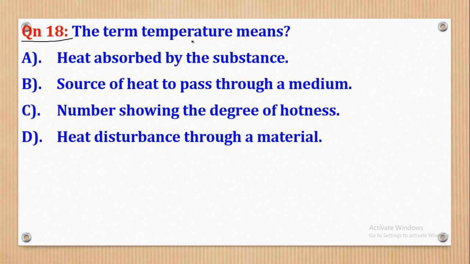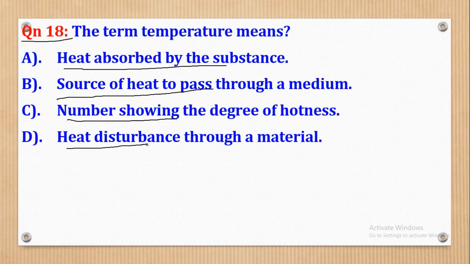The term temperature means: option A, heat absorbed by the substance, option B, source of heat to pass through a medium, option C, number showing the degree of hotness, and option D, heat disturbance through a material. Because of this word degree of hotness, it implies that that is the correct option.